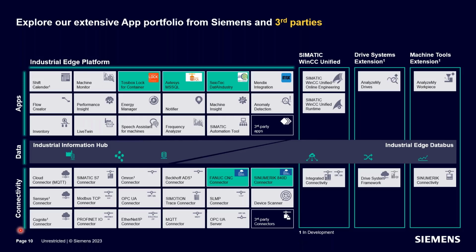As said, first you always need connectivity, and here we have different connectivity options like S7, SLMP connector, Beckhoff connector, Modbus TCP, Profinet IO, and also from our partner Softing in regard of the CNC portfolio, the Fanuc CNC connector and Sinumerik connector.